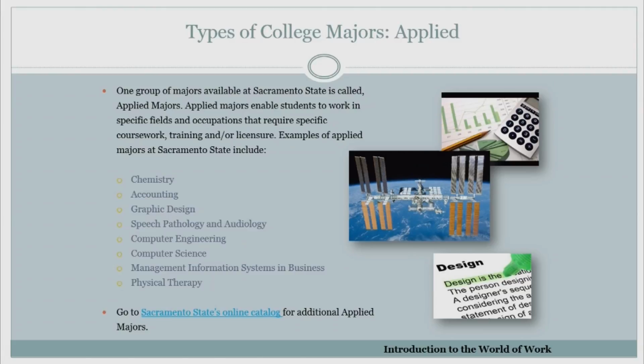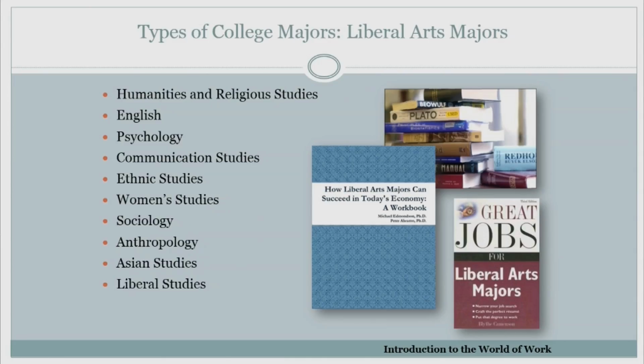A second major that employers really pay attention to also are what are called liberal arts majors. And liberal arts majors, employers like them because students gain valuable, what we call soft skills as a result of the major.